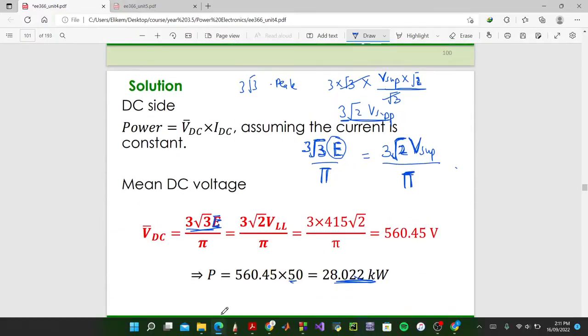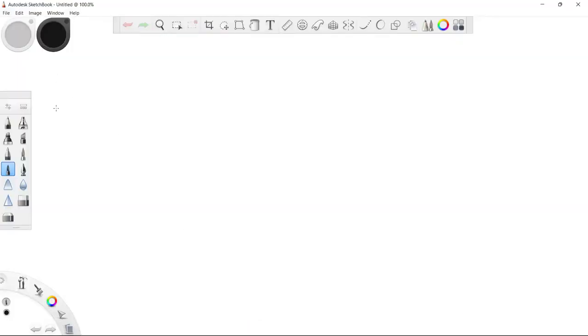Now the thyristors. Please take time and read the thyristors part. But you must know that the thyristors have the same equations as the 3-phase diode bridges, except that there is something called a delay or firing angle.